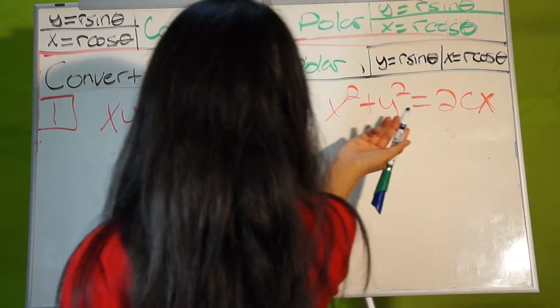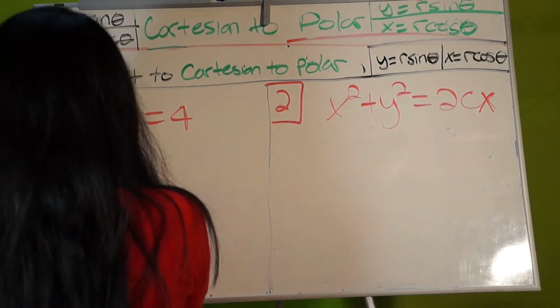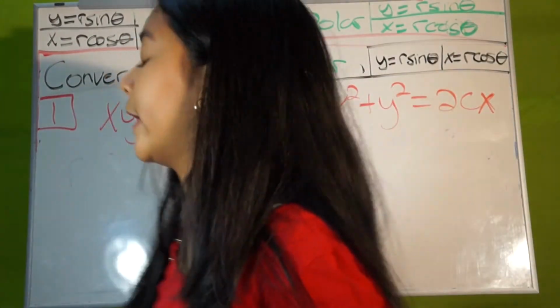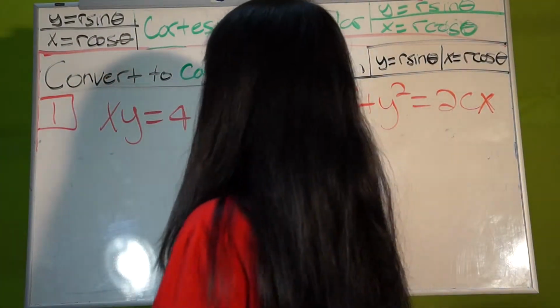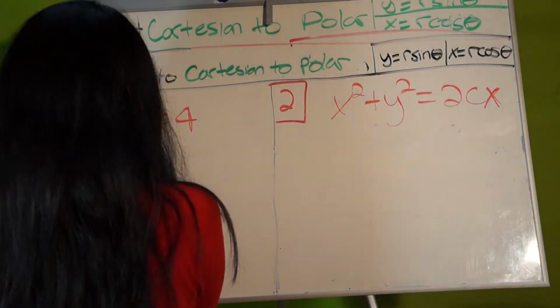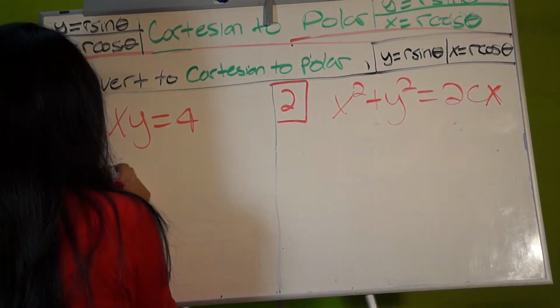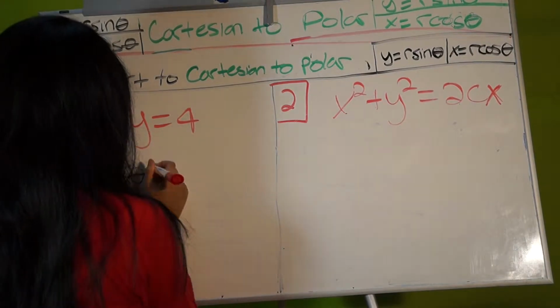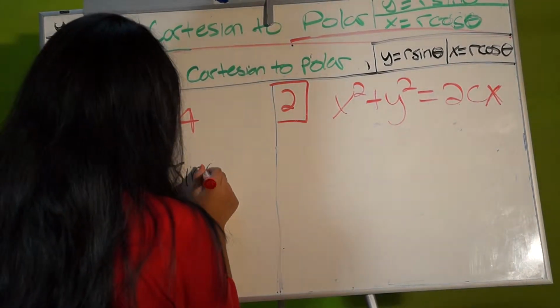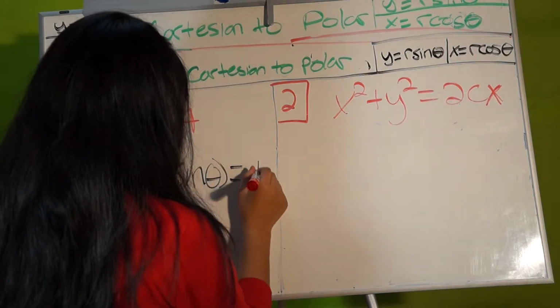We're going to put r cosine theta into this x here, substituted, times r sine theta equals 4.